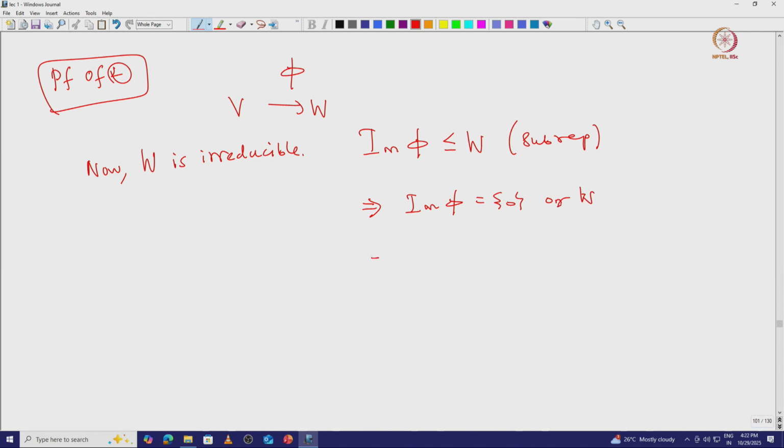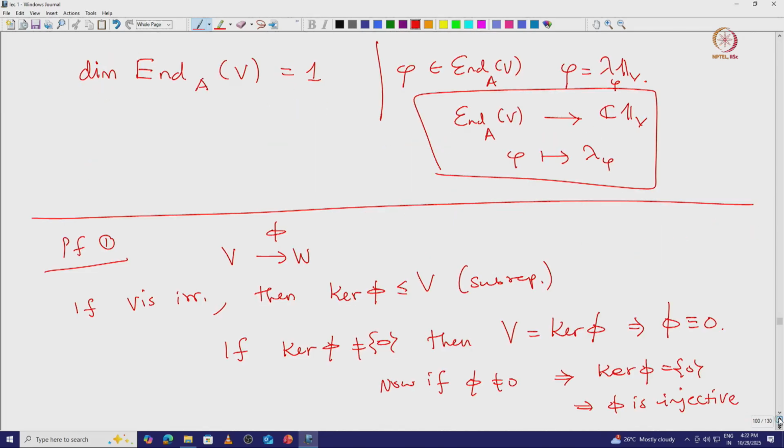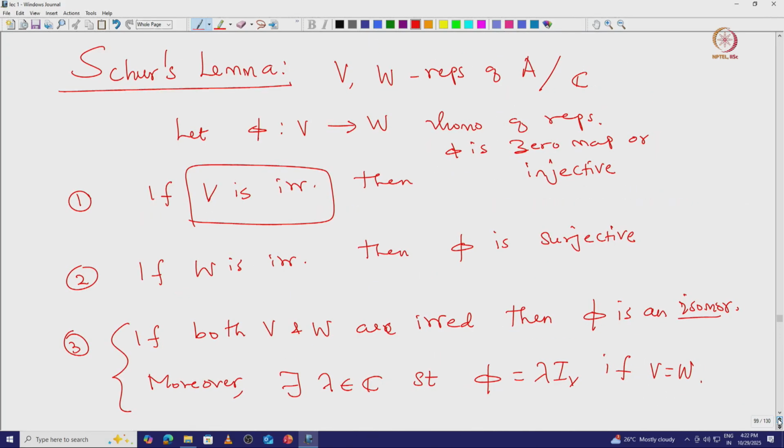So, in that case we immediately get either pi is the 0 map or pi is surjective. Again I will rewrite the original statement: either pi is surjective or the 0 map.